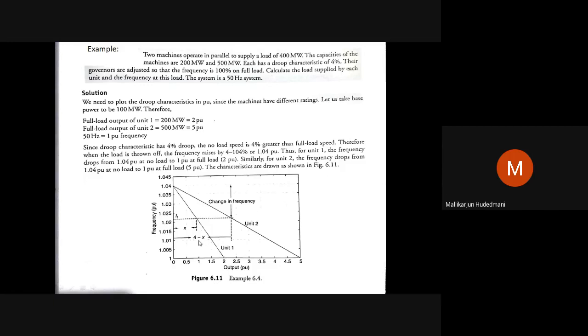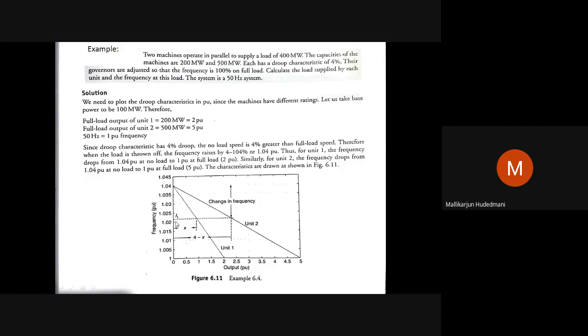So 4 PU minus X. X PU is shared by machine 1, and 4 minus X PU is shared by machine 2 at a frequency F1 PU. F1 PU is the expected operating frequency for the 4 PU load. That is the dotted line intersecting line 1 and line 2 at point X.